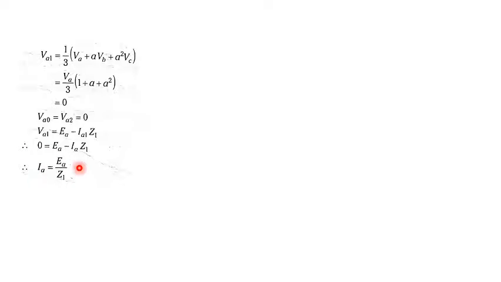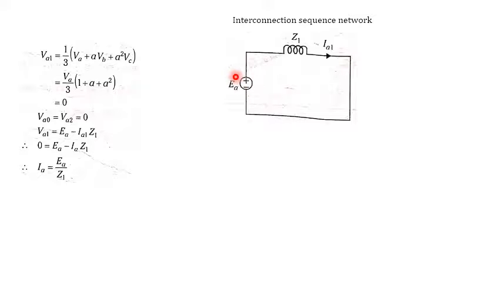This is the equation for the value of the sequence network. Based on this, there is a source of EMF, and the current which is flowing is IA1 through Z1. This is the condition based on this equation, and here VA0 and VA2 are already 0.